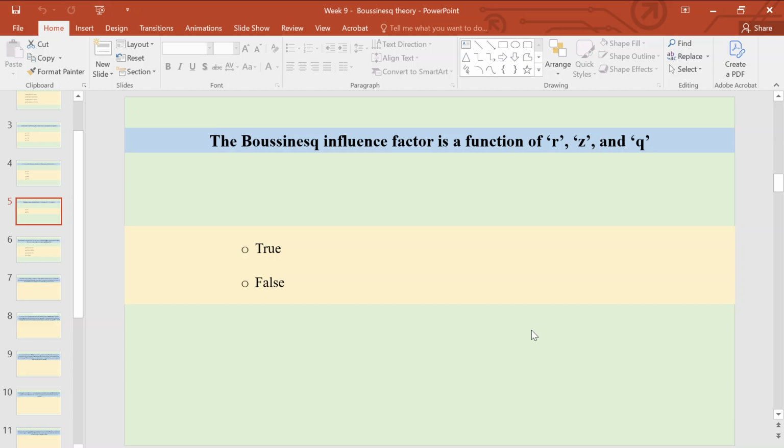I repeat the statement. The Boussinesq influence factor is a function of r, z and q. Is this statement true or false?